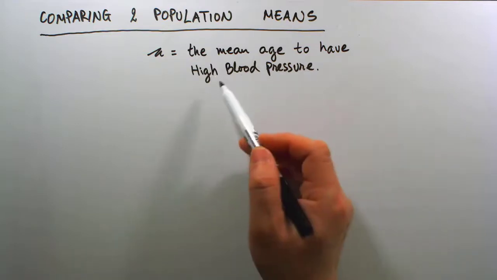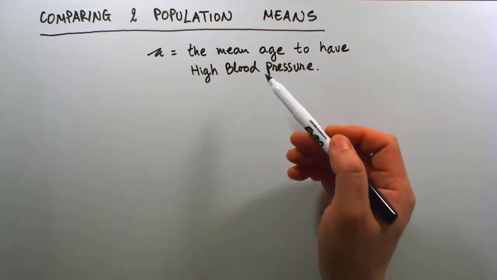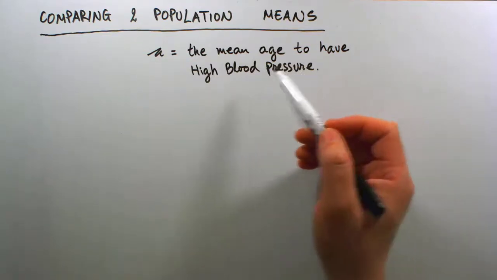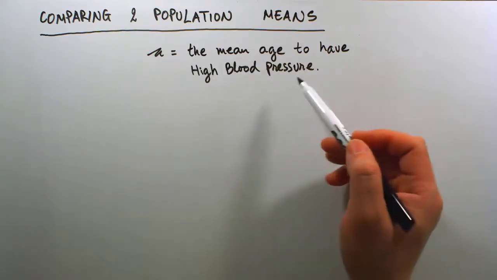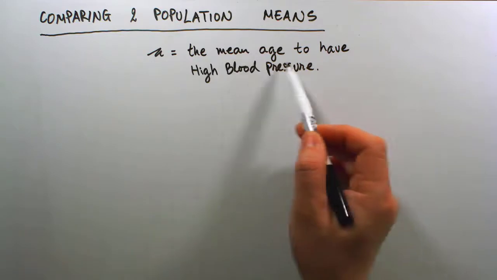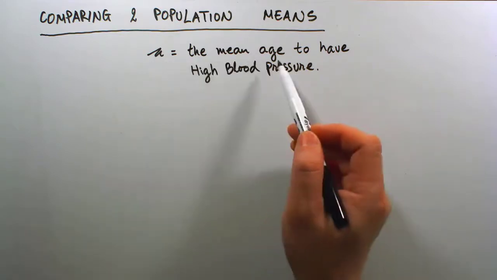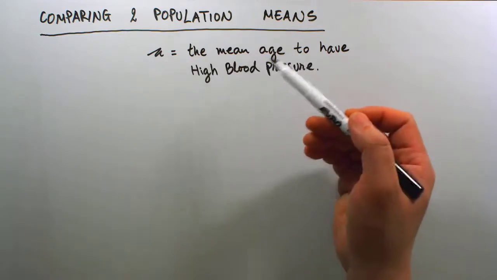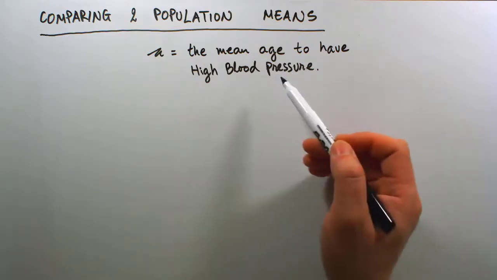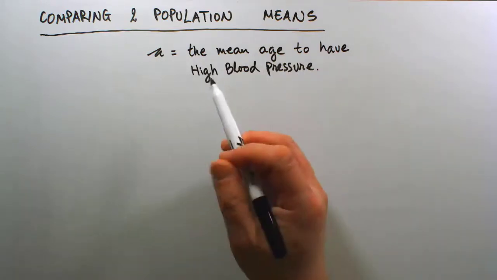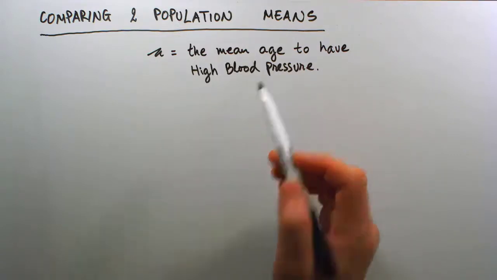It's a sign that your body is getting old and blood vessels are not working as well as when you were young. So this mean value is the mean age for anyone, when your body starts developing high blood pressure. Here in this study, we're looking at the mean age to have high blood pressure.